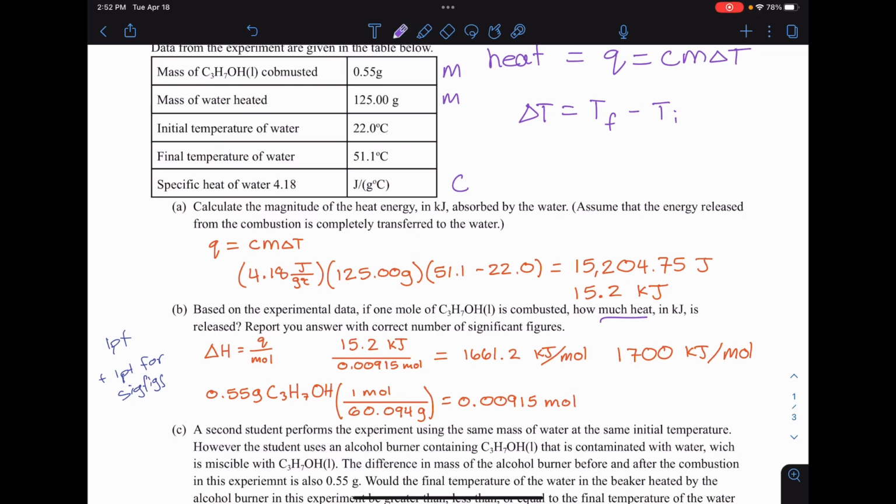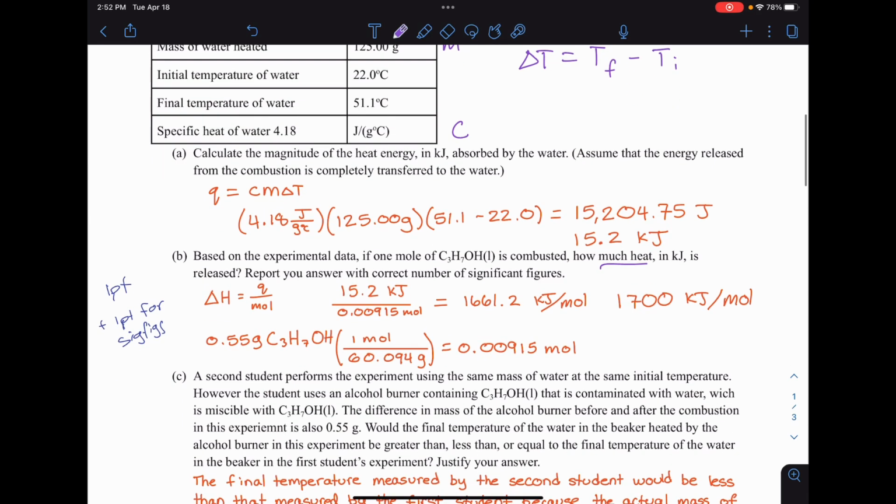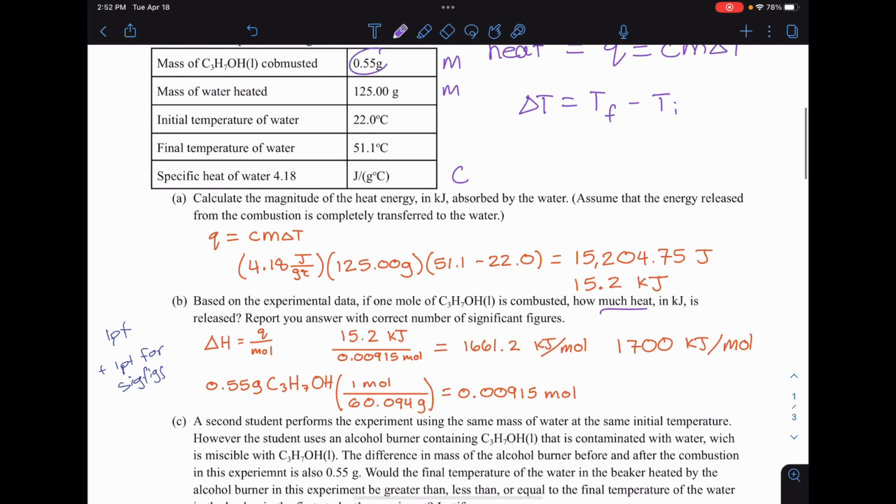All right, so now let's look at part B. Based on the experimental data, if 1 mole of propanol is combusted, how much heat in kilojoules is released? So heat is still Q. However, when we're talking about per mole of reaction, then we're going to look at delta H, which is Q divided by moles. All of the heat that the water absorbed came directly from the combustion of exactly 0.55 grams of propanol.